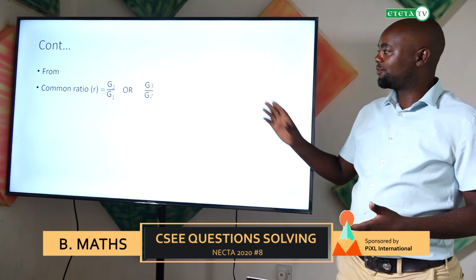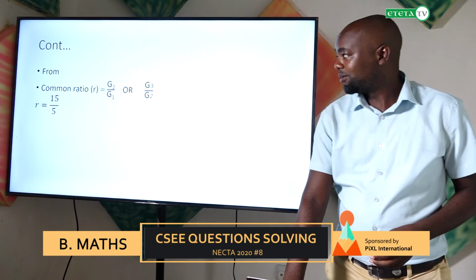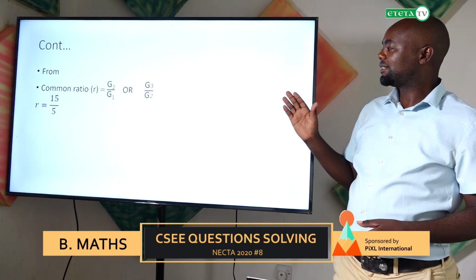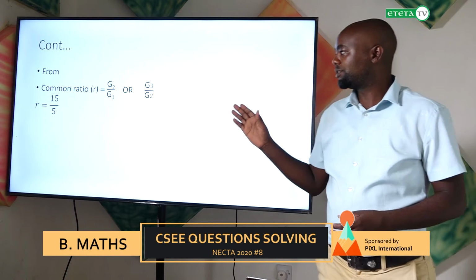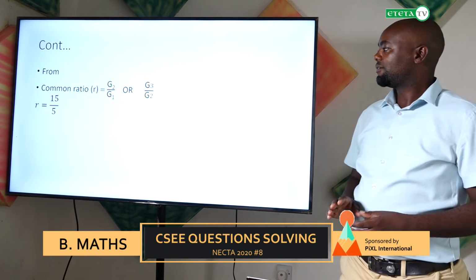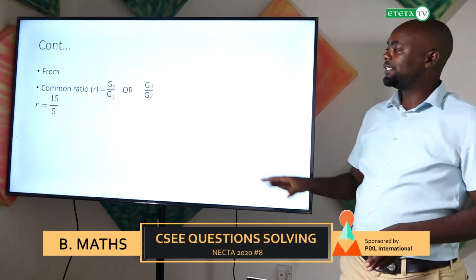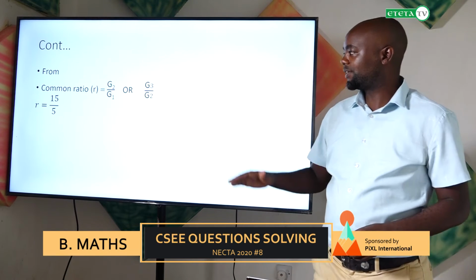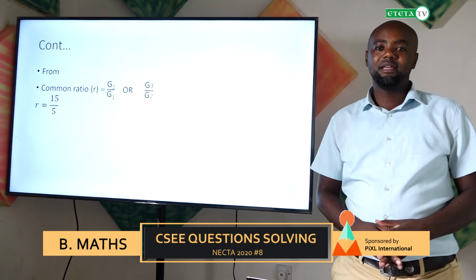So those are the formulas for finding the common ratio. We are given the first term 5, the second term 15, and the last term 45. Since we are finding the common ratio, we take the second term over the first term, which is 15 over 5, which is 3.